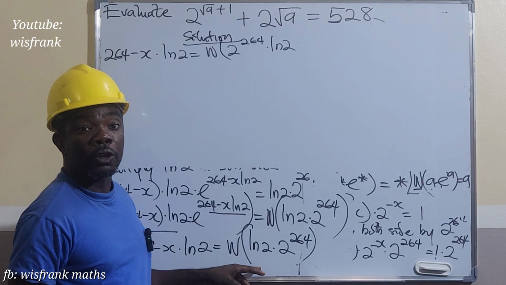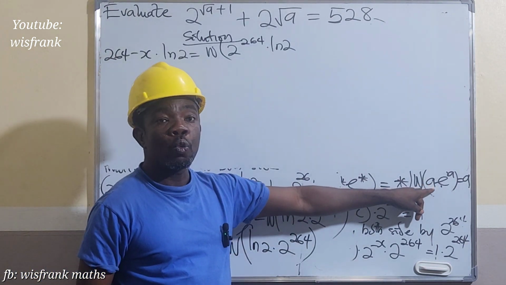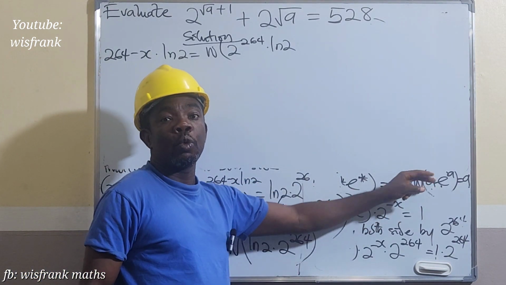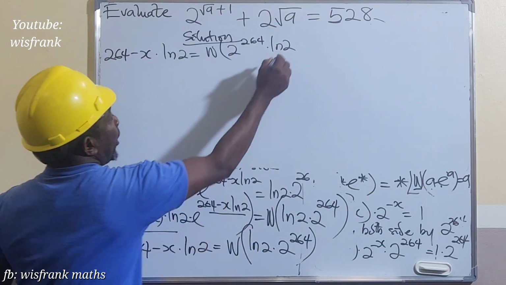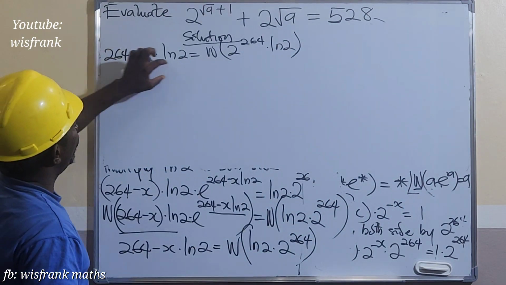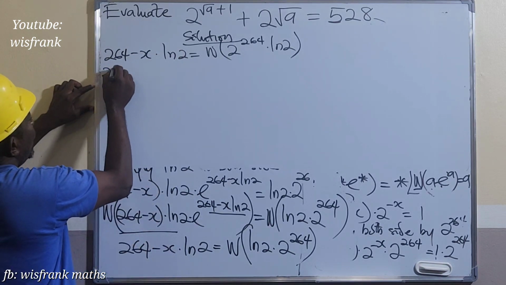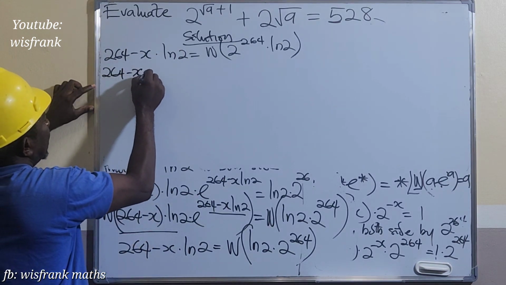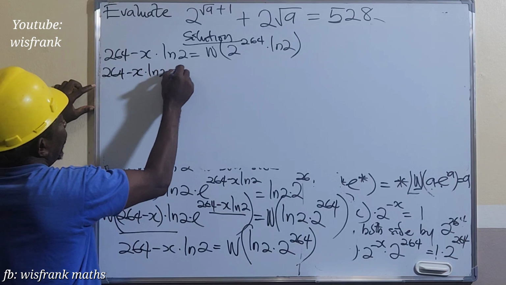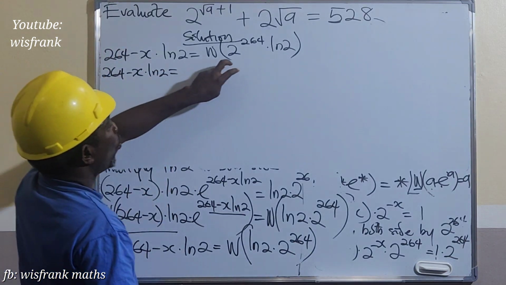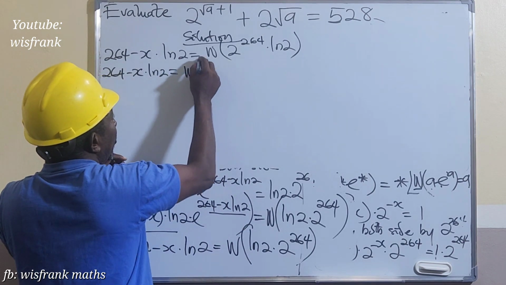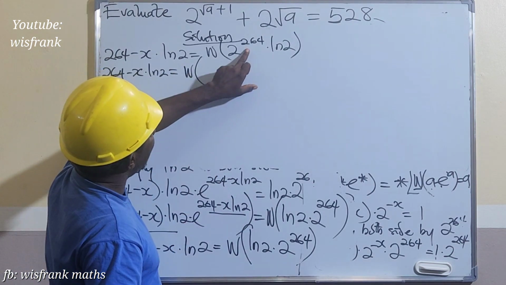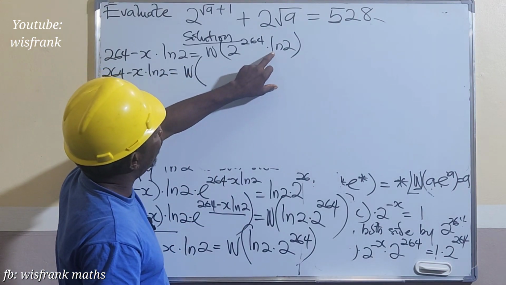And what we want to achieve is for what we have on the product side to become what we have on the exponent side, or the power side. So here we still have this, we will maintain this, which is (264 − x) times ln 2. That still remains constant. We want to work on this parenthesis. So we have the Lambert W function of, now we have ln 2 here.